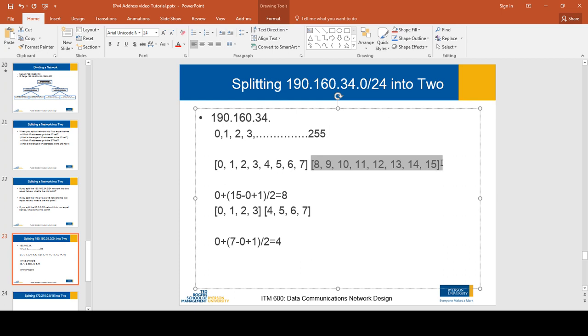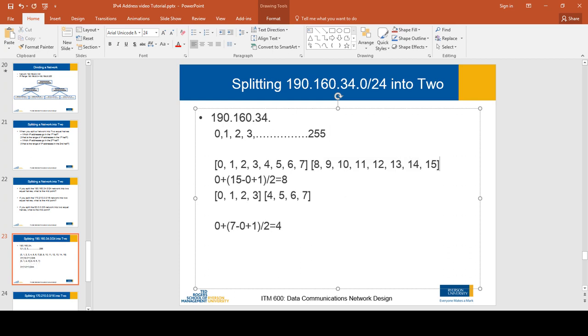Now if we take another example, which is 8 to 15, again we start with the lowest number plus the highest number 15 minus the lowest number 8 plus 1, divided by 2.